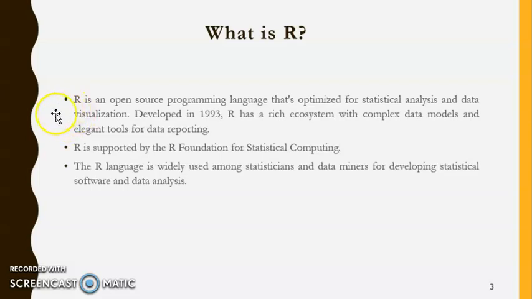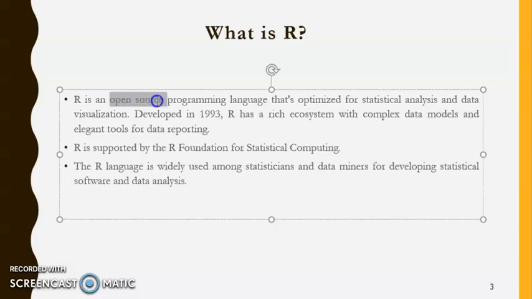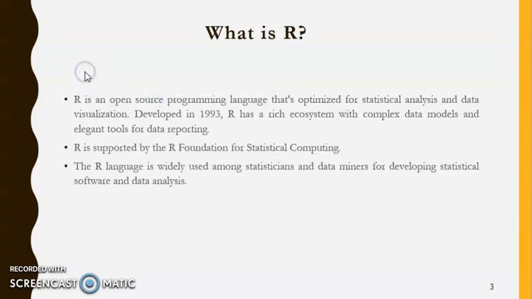R is an open source programming language that is optimized for statistical analysis and data visualization. The fact that it is open source is a great advantage because it means that it is constantly getting improved and it is within your reach for free.